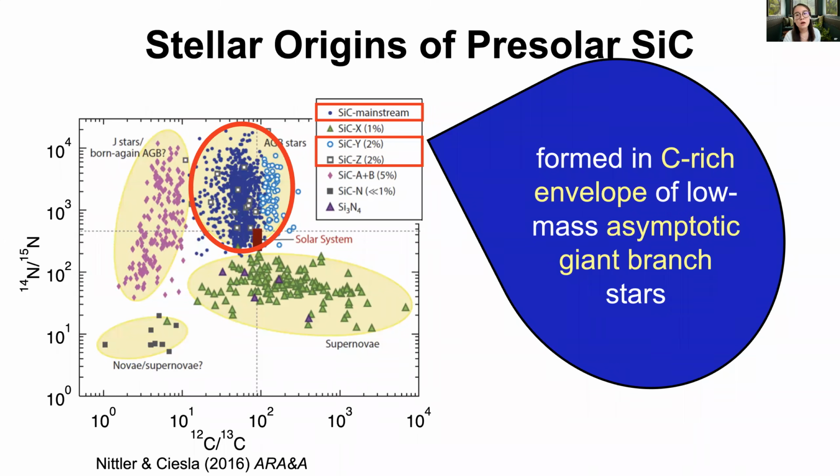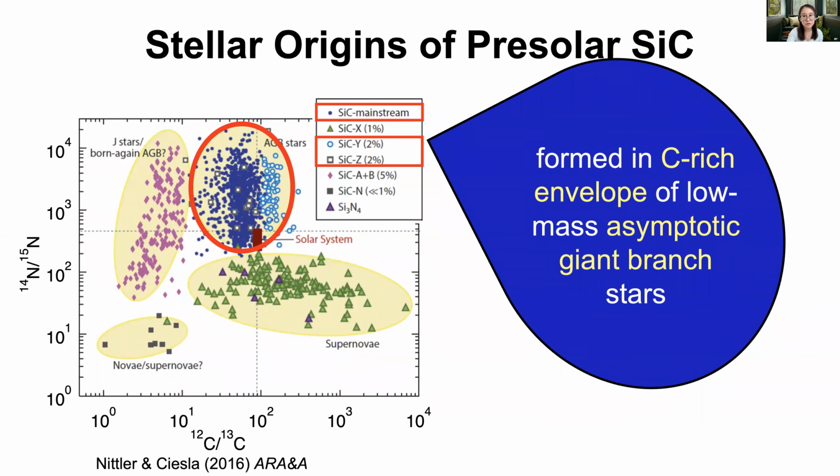Pre-solar silicon carbide grains have been divided into different groups based on their carbon, nitrogen, and also silicon isotopic ratios. Based on extensive isotopic studies of a variety of elements, previous studies have shown that mainstream, Y and Z grains all likely came from AGB stars.